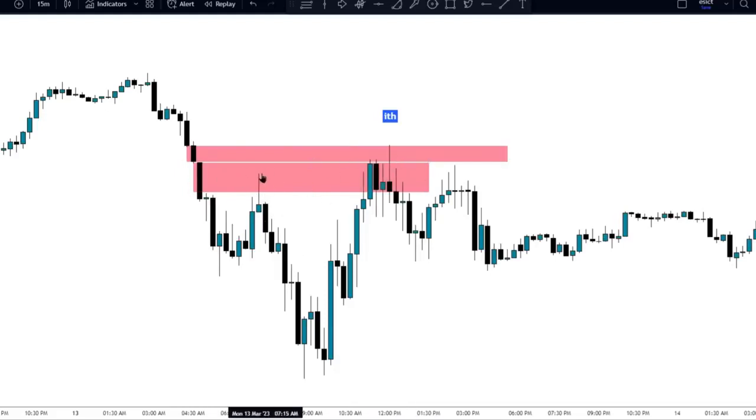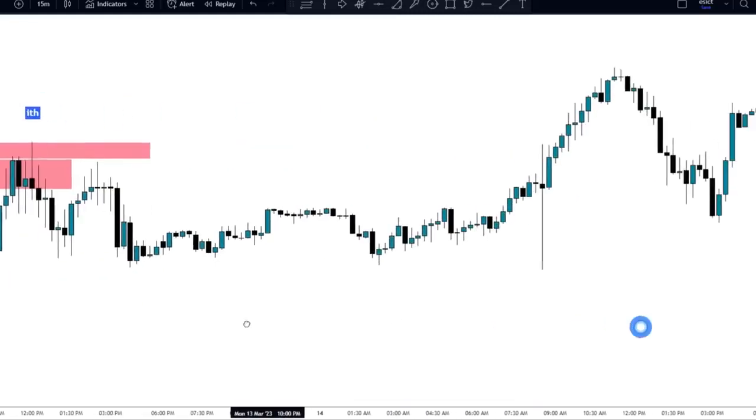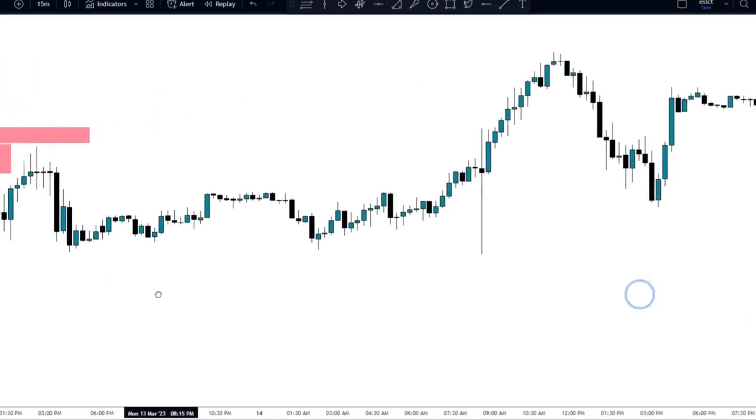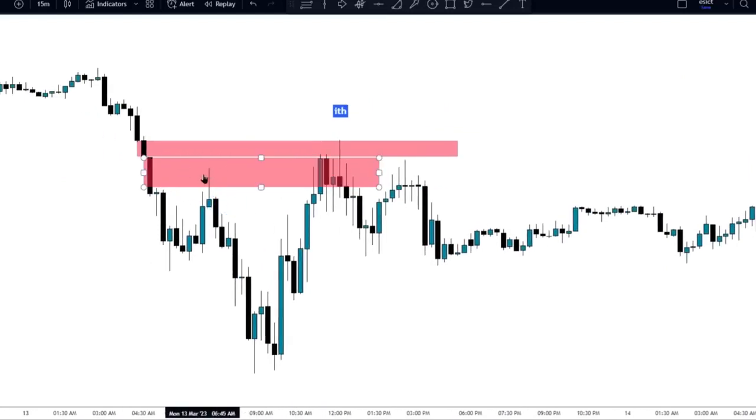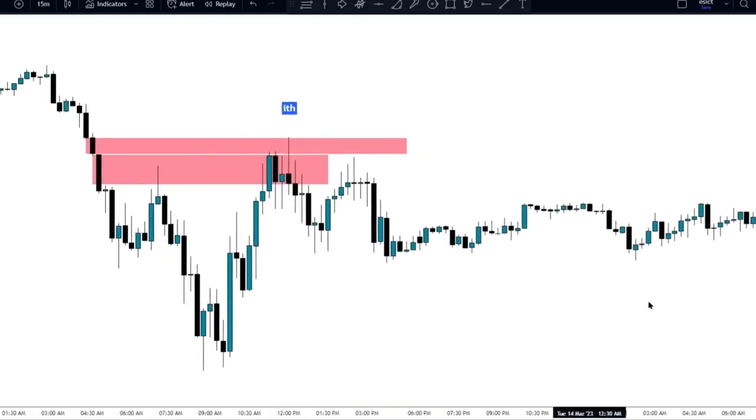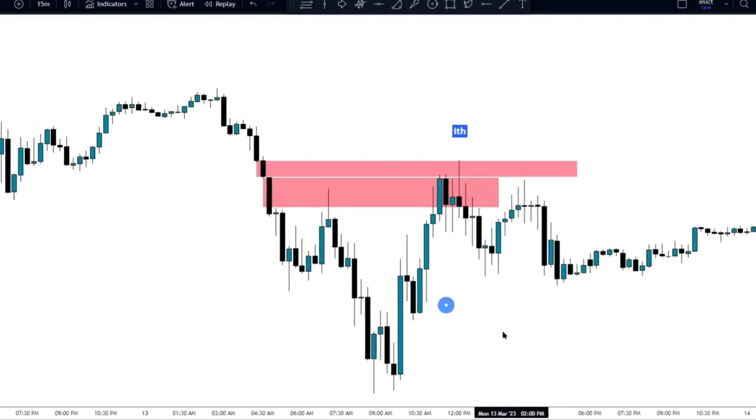This is invalid because this is already, it's been broken. The ITH here has been broken, so price is likely to go up, as you can see. So here you're seeing the disrespect and respect of the intermediate term high, showing that price is likely to go up at some point. Like the tide is turning here.